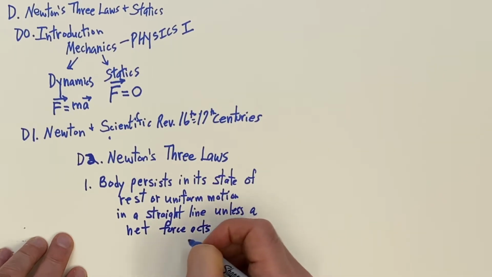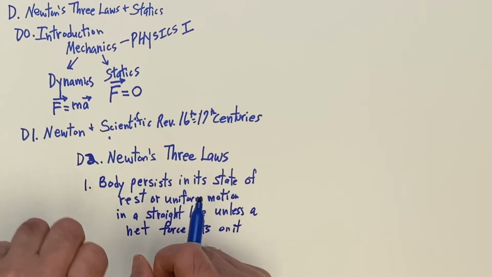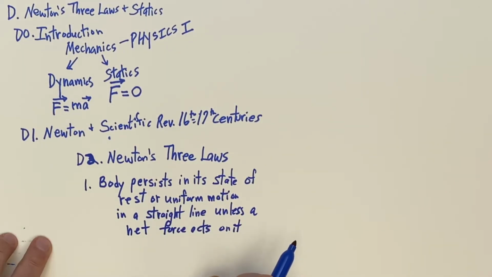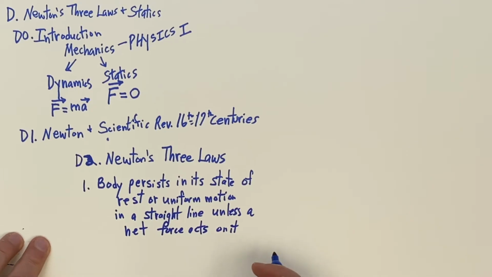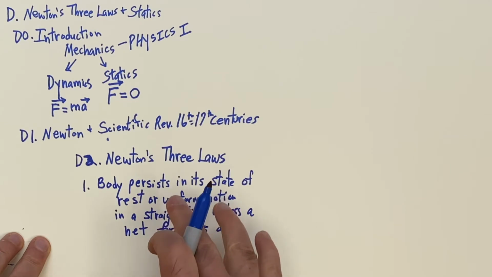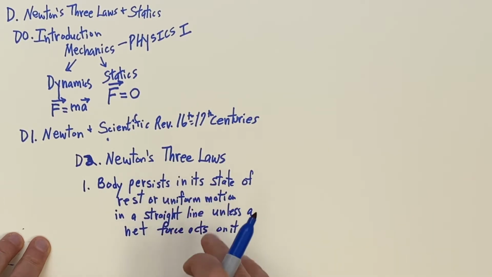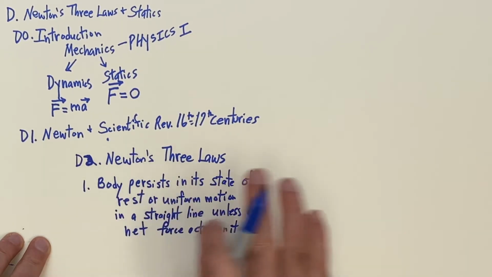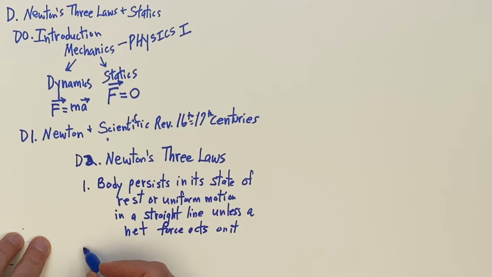And it has to be a net force, because like with the bridge, there's many forces that are canceling each other out at each point, and we have a situation of statics where you're at rest. So for this condition to matter, you have to have all the forces be zero. If all the forces are zero, you can either be at rest or in uniform motion.